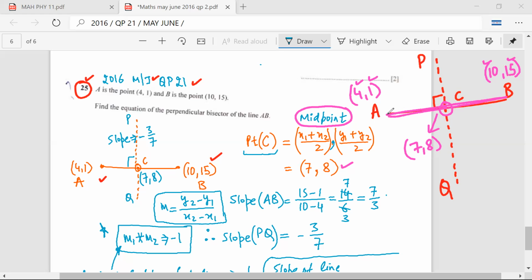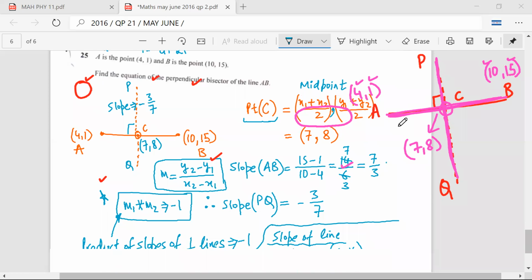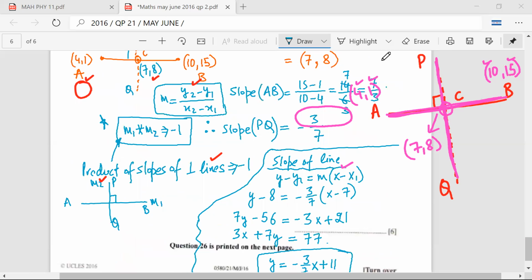The second property that I need to understand is that if I find the slope of this line AB, I can get the slope of the perpendicular by using the product of slopes of perpendicular lines.